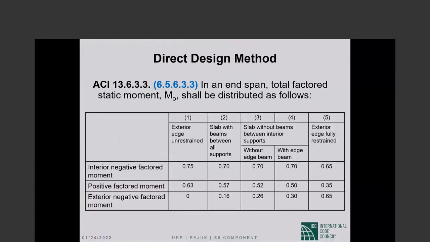If it is an end span, total factored static moment M sub 0 shall be distributed as follows. Now it is not that simple, obviously. Let us take a particular case, then it will give you a good feel.